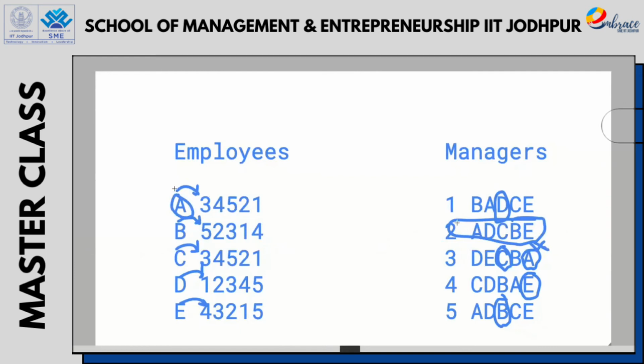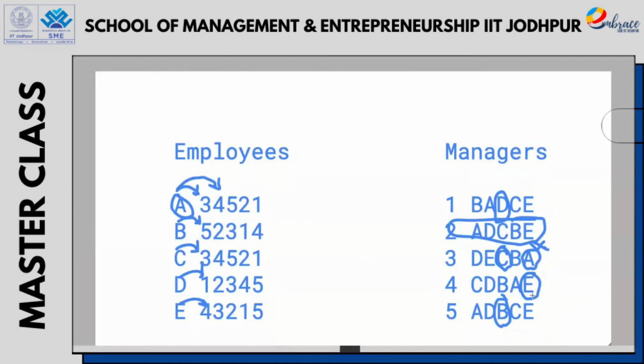So what A did was propose to 3. It was accepted by manager 3, but then rejected because C proposed to manager 3 and C was more preferred. So now the option that we have is A can propose to the next best, which is 4. In the second round of this loop, A will propose to the next best preference, which is manager 4. So we go to manager 4 and ask, look, in the previous round we allocated E, the employee.